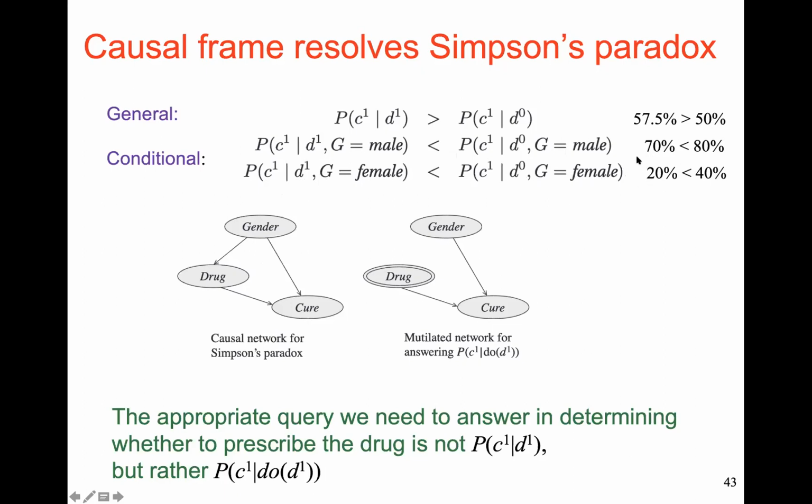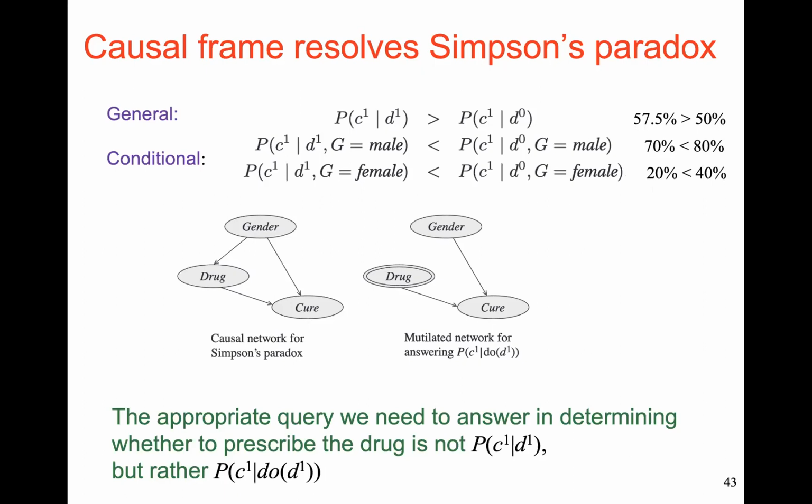What happened? If you look at the males, not giving the drug is better. If you look at the females, not giving the drug is better. If you look at both females and males together, giving the drug is better than not giving the drug. So this is a Simpson's paradox happening.